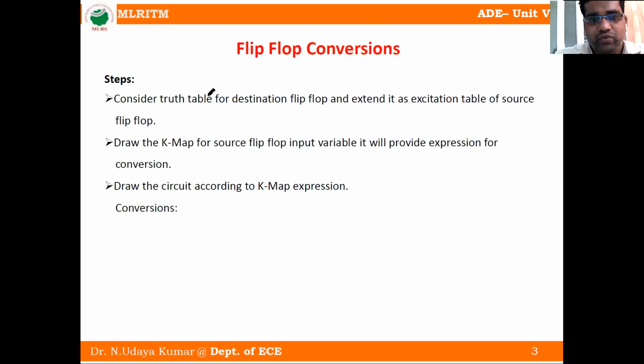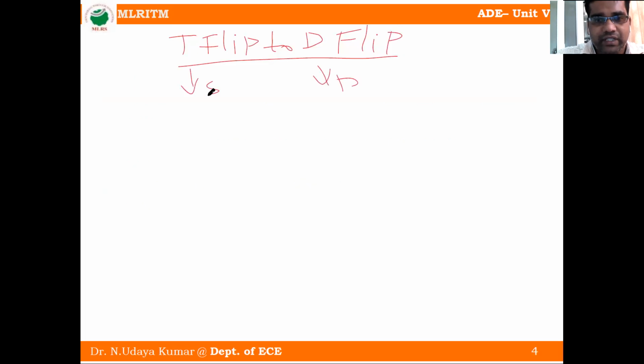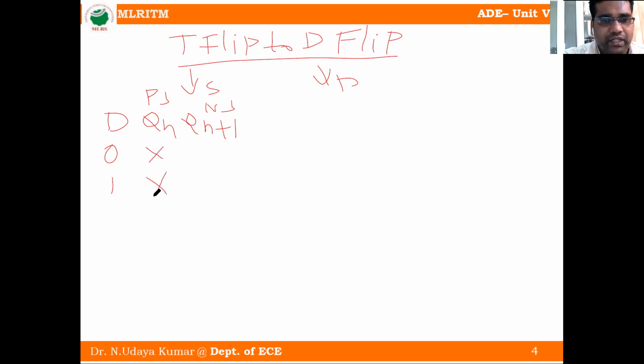Consider the truth table for the destination flip-flop. Here the destination flip-flop is D flip-flop, so we have to write the truth table for D flip-flop. This one is 0, this one is 1. This is the present state, and this one is the next state. The present state we don't know, so we consider it as don't care.